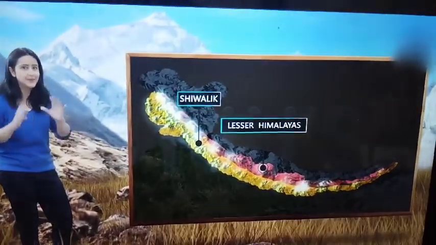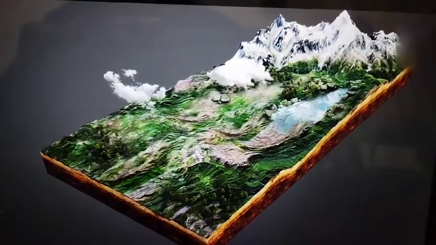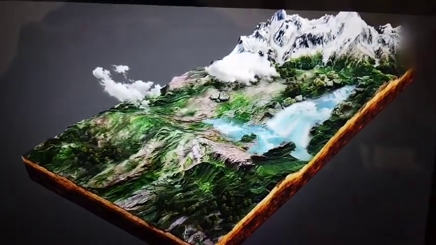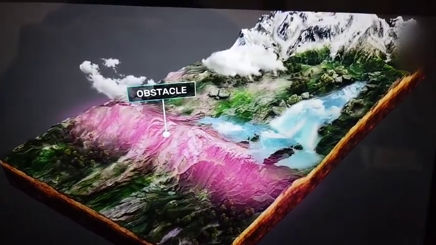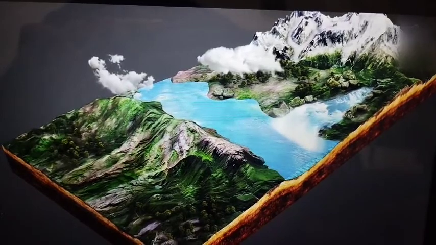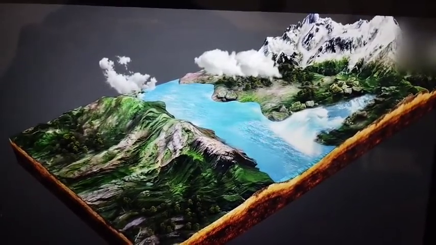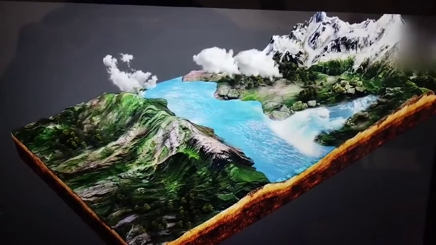An interesting thing happened in the regions between the Shivaliks and the Lesser Himalayas over time: the formation of dun valleys. Let me explain how this happens. Suppose a river encounters an obstacle in its course, say a mountain. This may cause the river water to accumulate on one side of the mountain, forming a temporary lake.